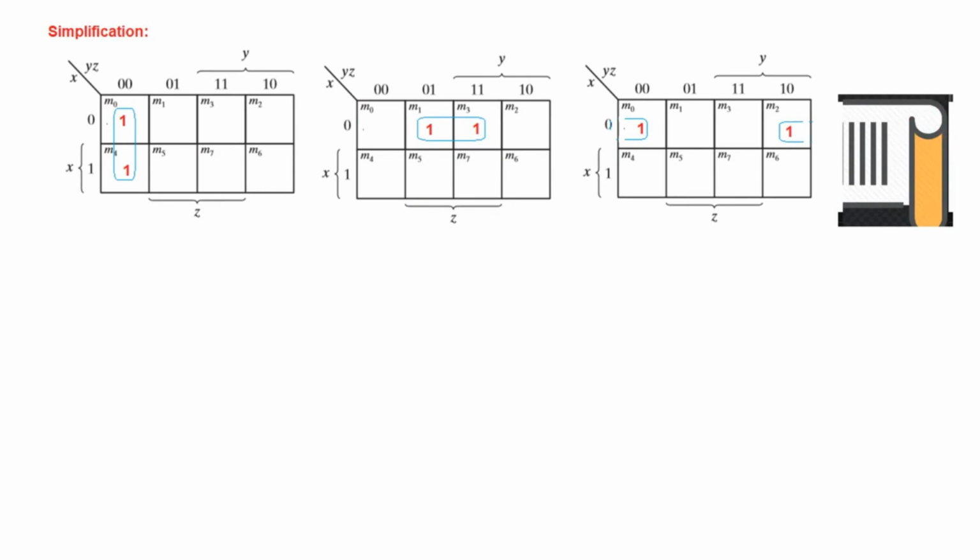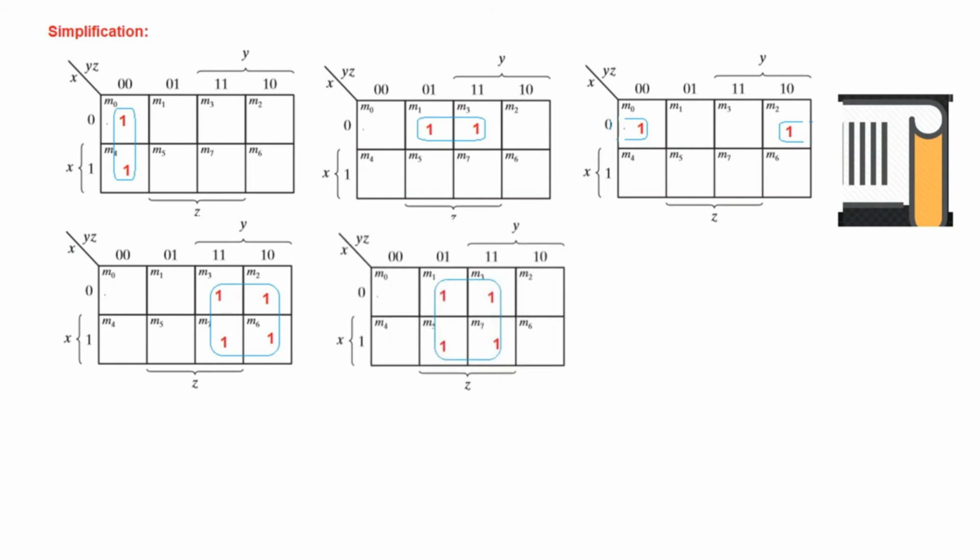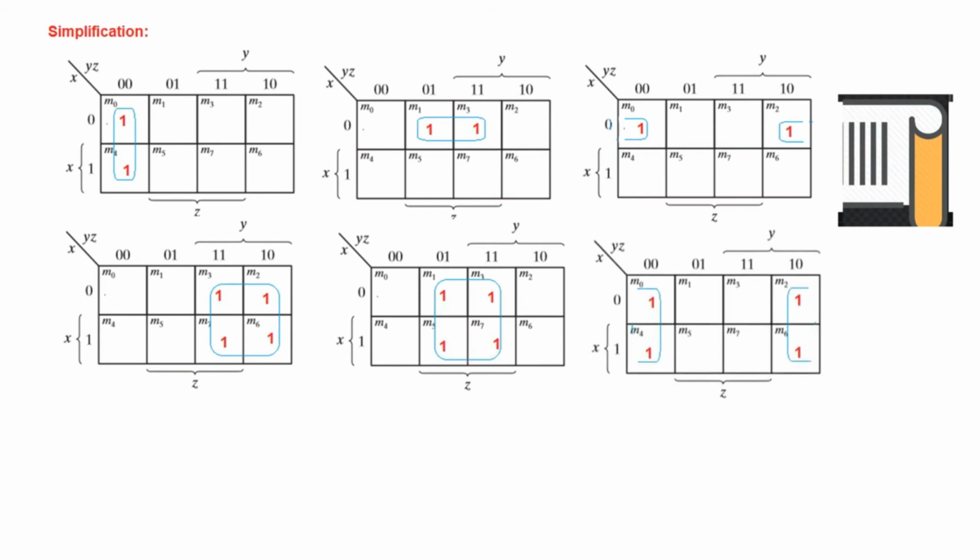If you fold this paper, then these two become connected and therefore these two can be shared also. Here are 4 that can be shared. These 4 can also be shared. And these 4, 2 from here and 2 from the right-hand side by folding, can also be shared.